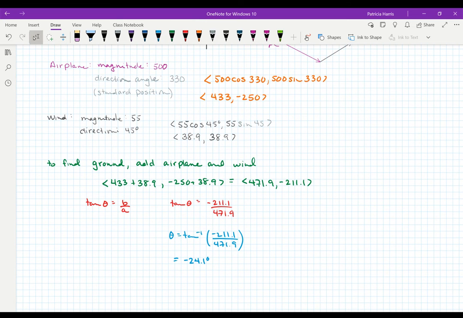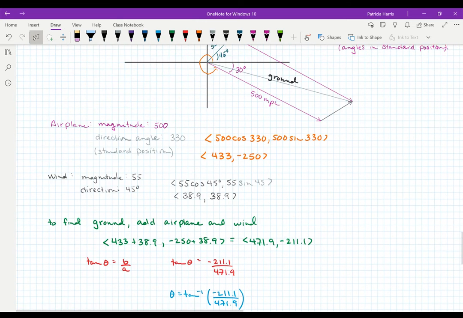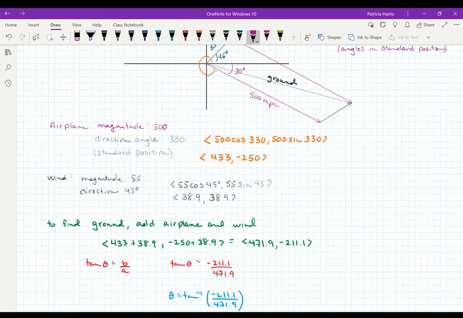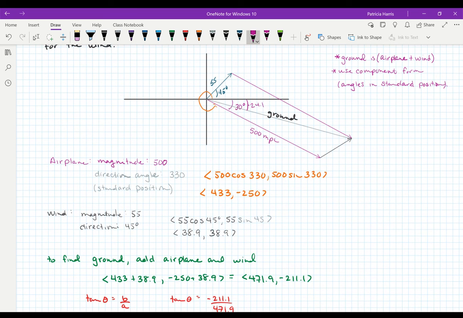So if everything is in standard position when I worked, that means this negative 24.1 is measured from the positive x-axis. If I use cardinal directions, notice that all of them say south then east, so that means you start south and then go east. So I want to find this angle measured from the south.